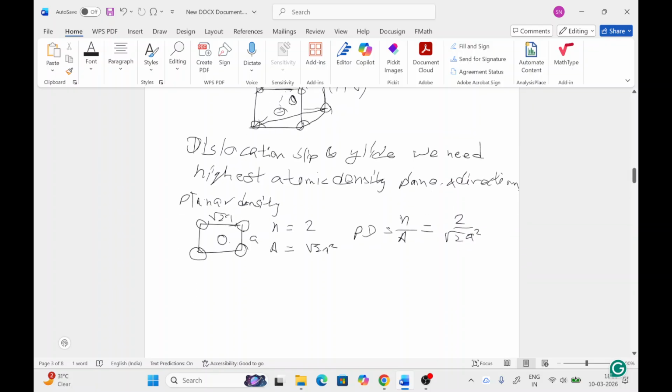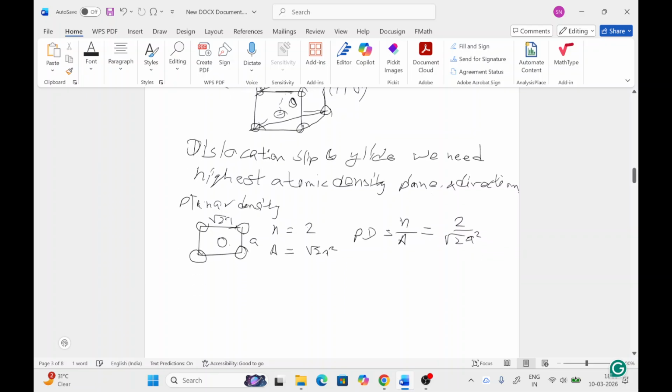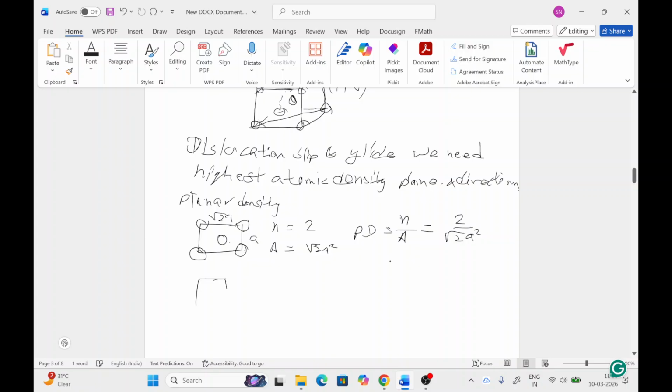For confirmation, if we calculate the planar density at the 100 plane, the number of atoms is 1 and the area is a square, so the planar density is 1 by a square.